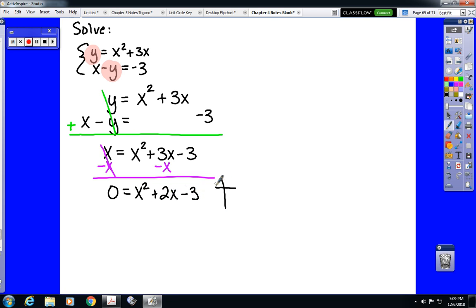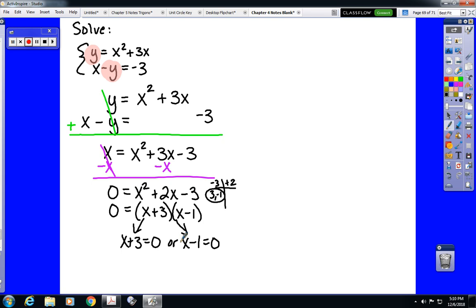Then I'm going to look for those numbers that multiply to negative 3 and add to positive 2. That would be 3 and negative 1. Shouldn't need to write out the list every time by this point. That'd be x plus 3 and x minus 1. We're going to split those up. So x plus 3 could be 0, or x minus 1 could be 0.